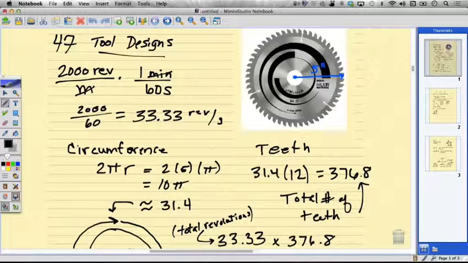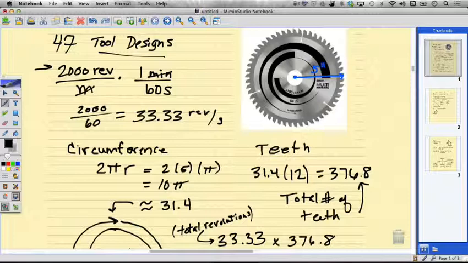And so the problem states that you have a saw blade. The saw blade is 10 inches in diameter, so the whole thing would be 10 inches across. I'll put 5 inches for the radius because that's the number we're going to need. It also tells me that it has 2,000 revolutions per minute.